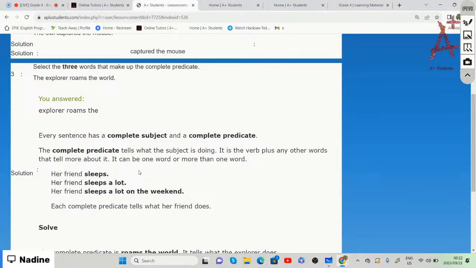So we have a subject, and we said the subject is who or what does the action. And now we have a complete predicate. And a complete predicate tells what the subject is doing.